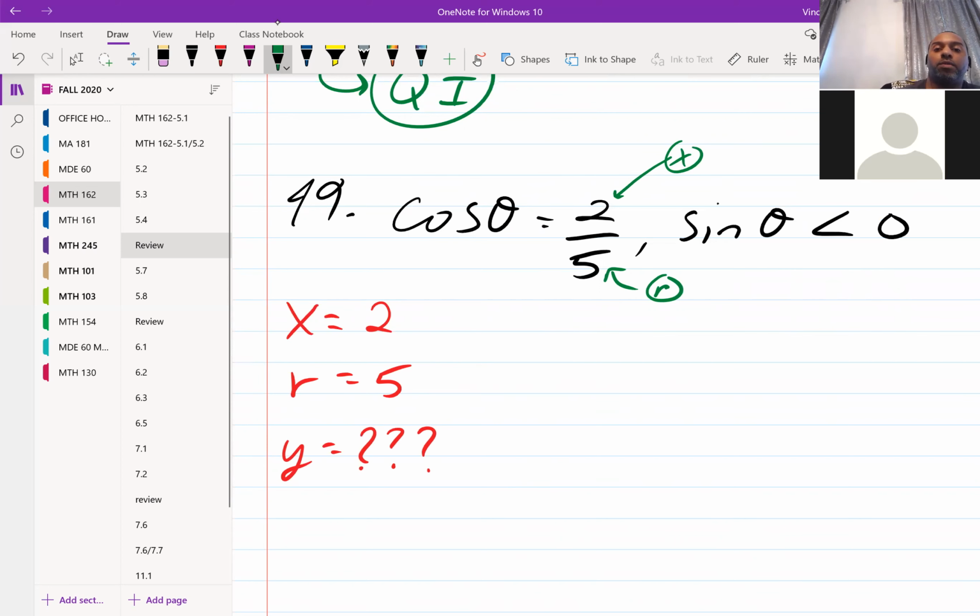So let's say if this was negative 2/5, that means that the 2 is negative and r is positive. R is always positive. So any negative signs dealing with cosine or sine would be assigned to that top number. All right, so we'll solve for y using the relationship here.